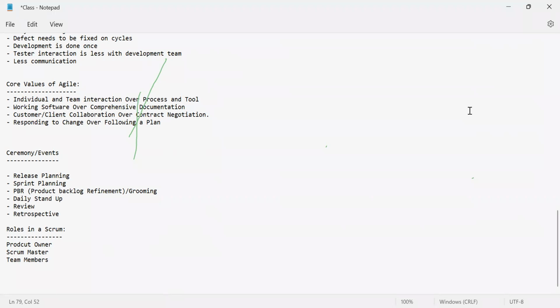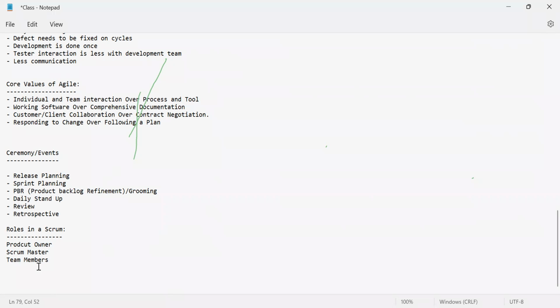So take for example, there are 100 stories in our product backlog. These 100 stories are then prioritized and pulled into the sprint backlog, based on the capacity of the team members.